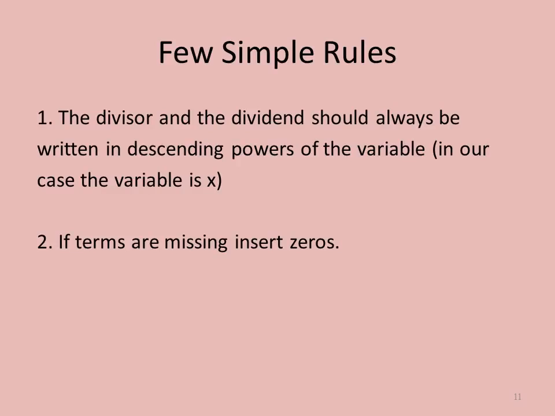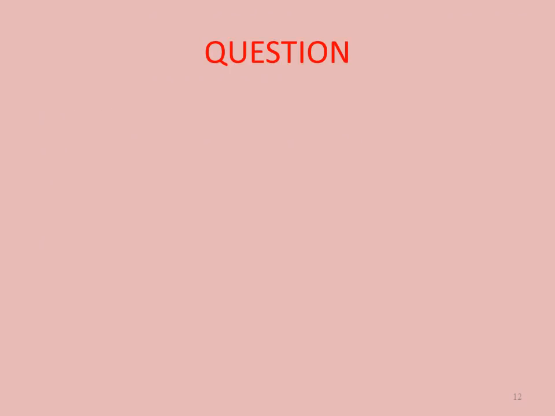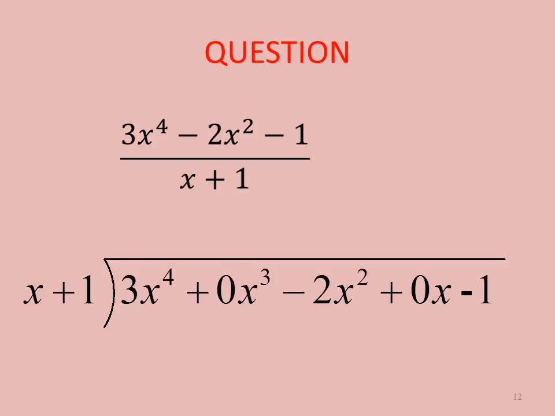Let's have a look at an example of this. Here I have 3x to the power of 4 minus 2x squared minus 1 all over x plus 1. We need to write this using the bus stop method. You can see that the denominator, the divisor, is outside the bus stop, x plus 1.